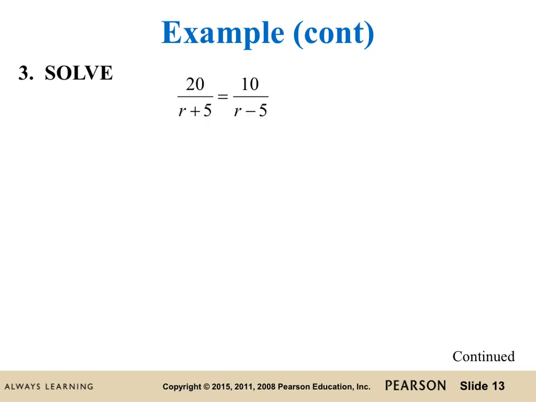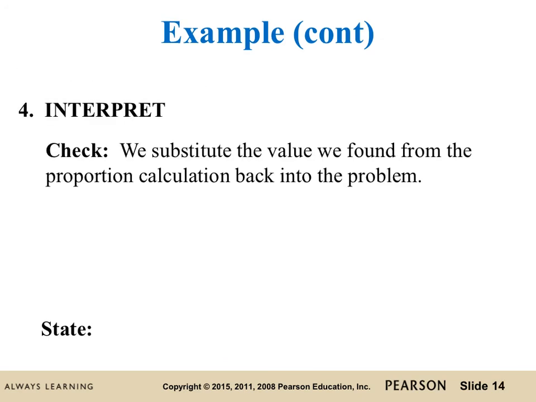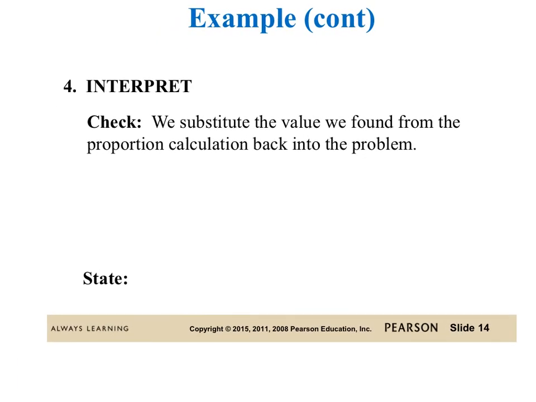We need to go to step 4. I'm sorry, we've already done step 3. I'm going to go to step 4, which means we're going to check, going back to the original problem, 20 over 15 plus 5, and is that equal to 10 over 15 minus 5?